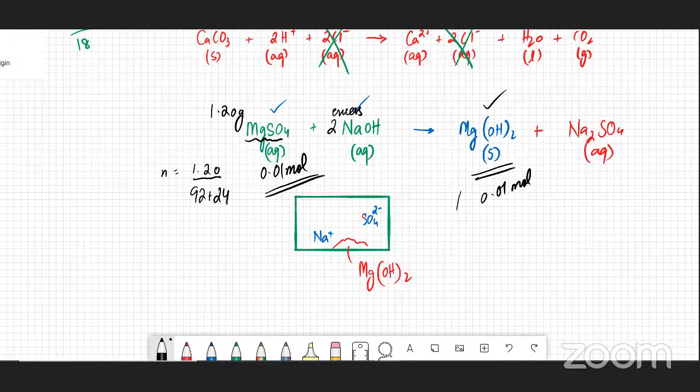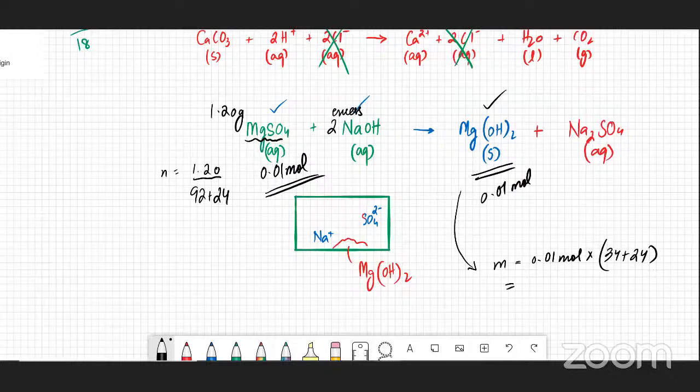Now you're going to find the mass of Mg(OH)2. Mass would be moles multiplied by the Mr. What will the Mr be? That's going to be OH twice. That's 34, I think. 16 plus 1 into 2. That's 34. Plus there's Mg. That's 24.